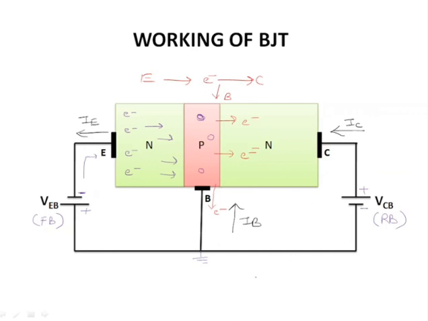From here you can see that IC plus IB gives IE, and this relation we have already seen. So you can conclude that the emitter current is the combination of collector and base current. Now some relations which hold true are IC equals beta IB, IC equals alpha IE, and IE equals 1 plus beta times IB. Beta is the common emitter amplification factor.